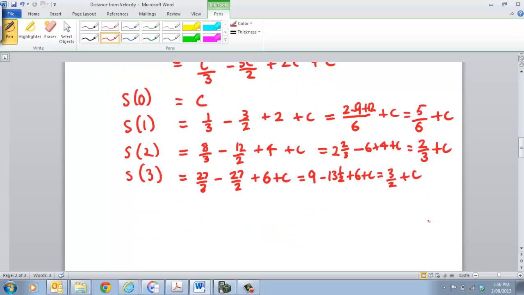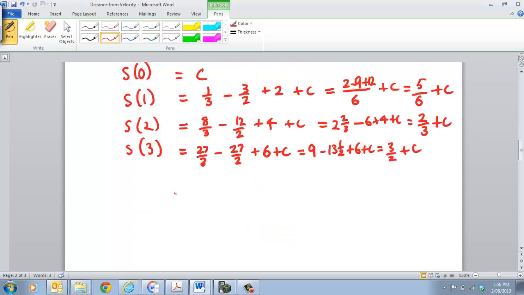So if we're doing this by hand, then we know at time t equals 0, let's start drawing our line over here. So this is the line. It starts at C. This is my starting point here at C when t is equal to 0.